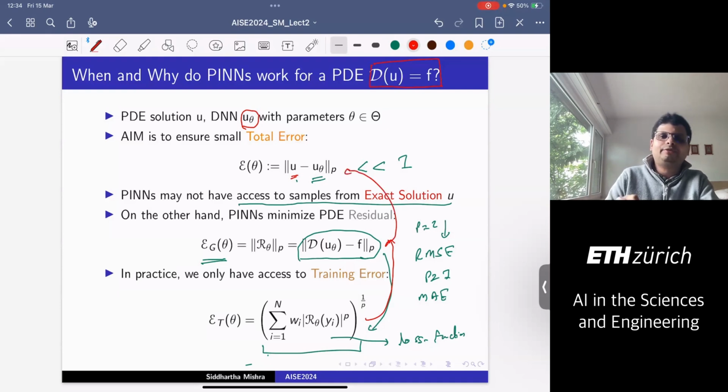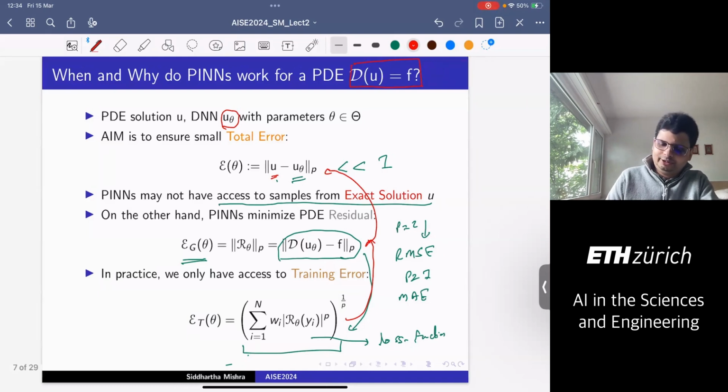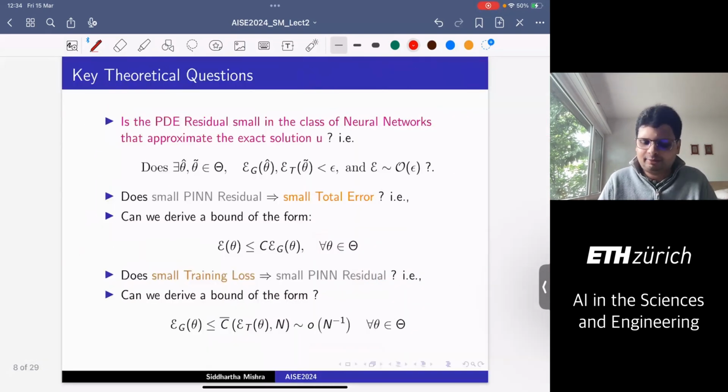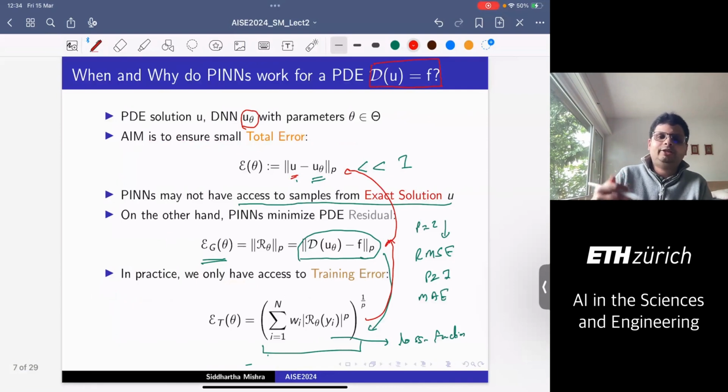So let us put these questions together. This is what I have set up as the key theoretical questions. The first thing, which is very important, is that we are not searching for a vacuous statement. What do I mean by that? My objective is to make the training error as small as possible, and the reason is that it is, after all, a discretized version of the residual.